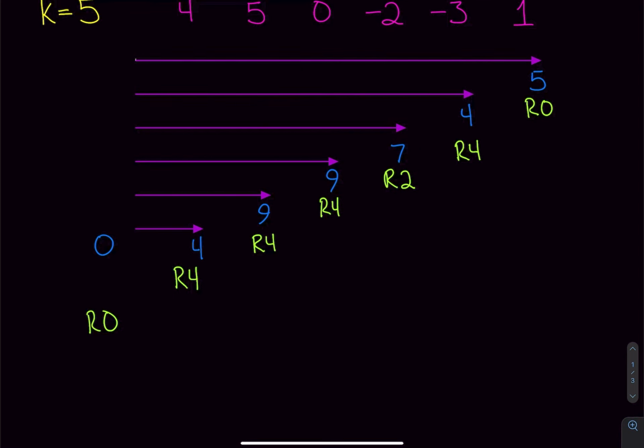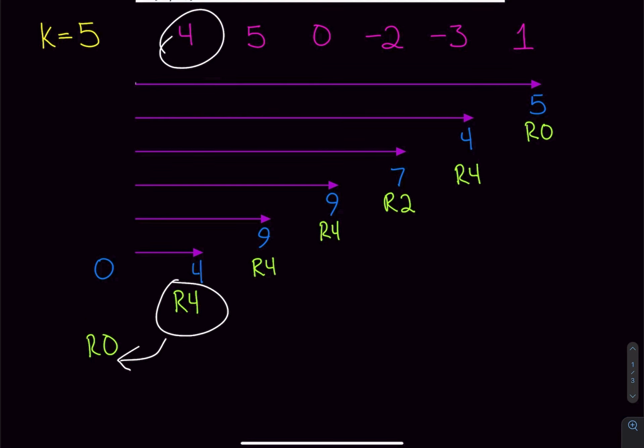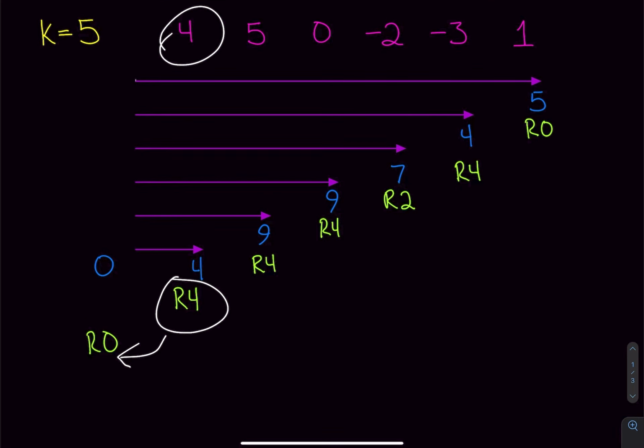Let's say we want to see how many subarrays are divisible by 5. If we start at this value, we check how many values before it have the same remainder. There are no values before it with the same remainder, so there's no possible subarray ending here that is divisible by 5.